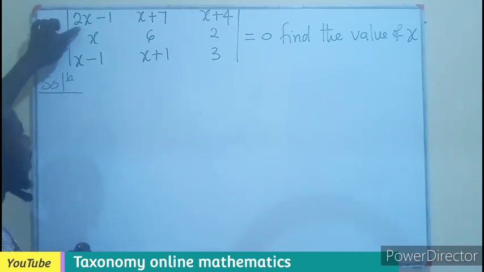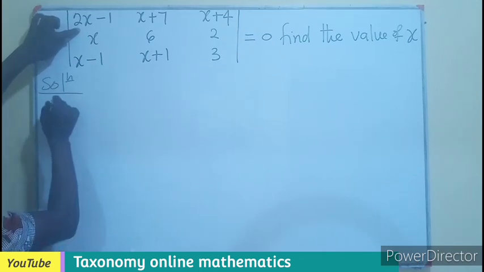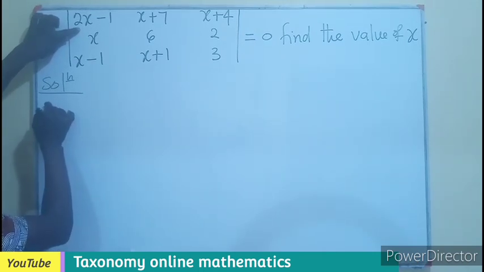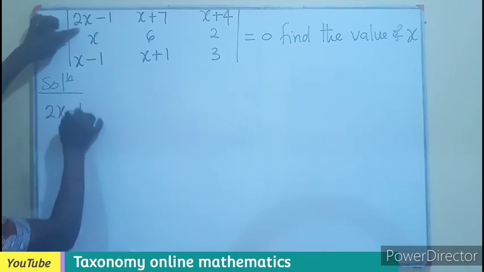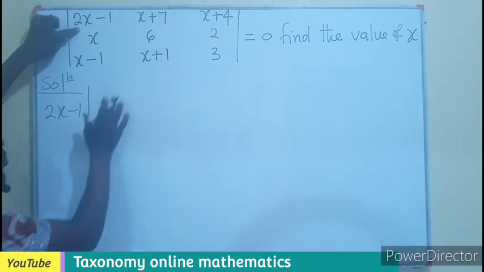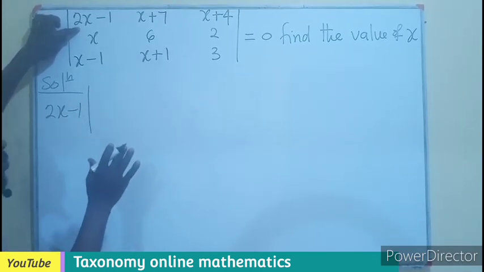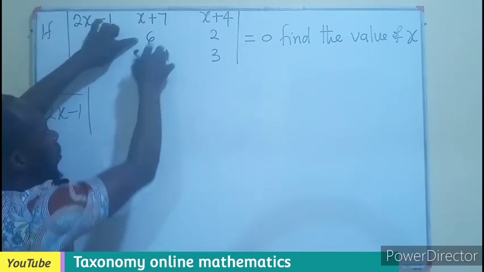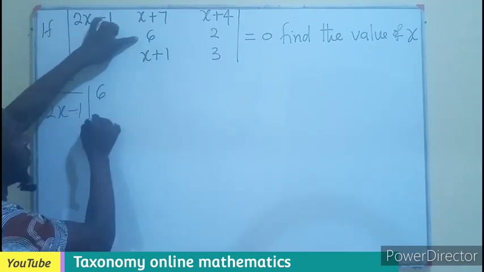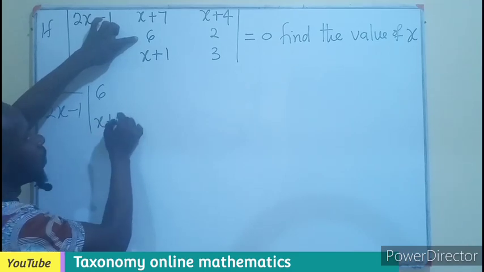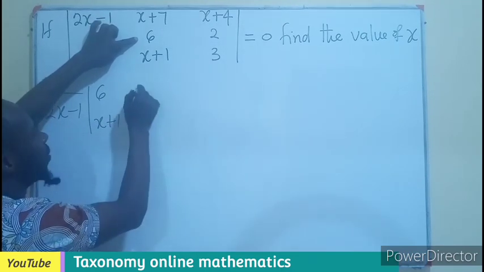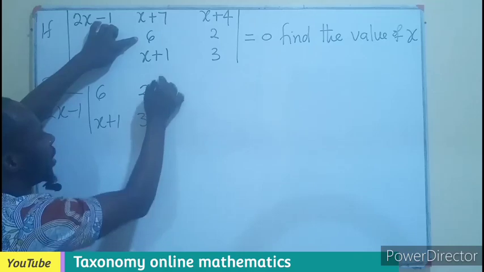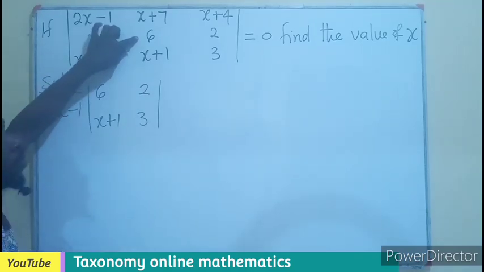The first thing first, I'm holding the first entry, so that is going to be 2x minus 1, creating a 2 by 2 matrix from here, covering the row and the column. I'll be left with 6, x plus 1, then I'll be having 2 and 3, creating a 2 by 2 matrix.